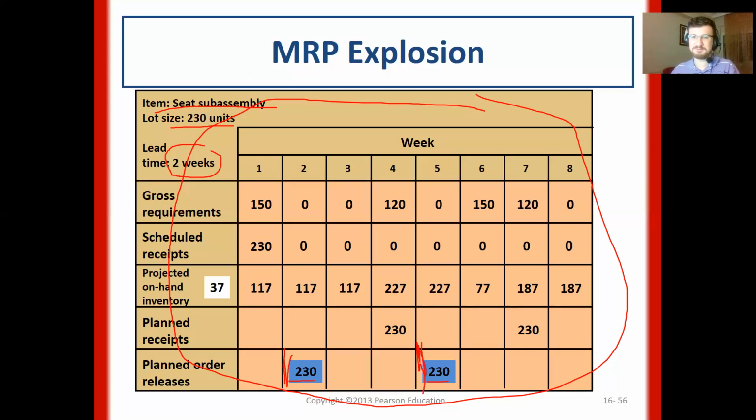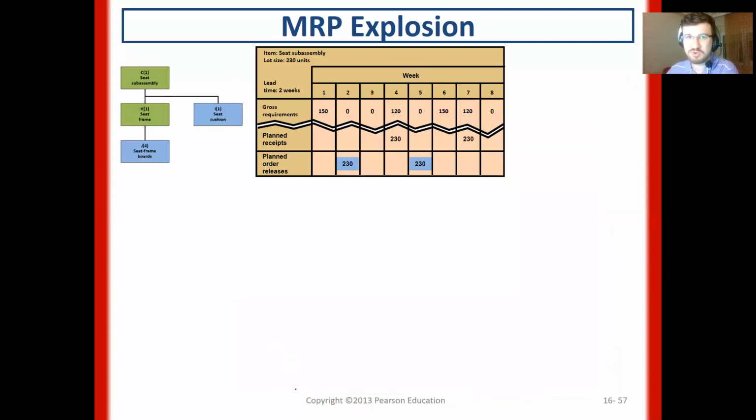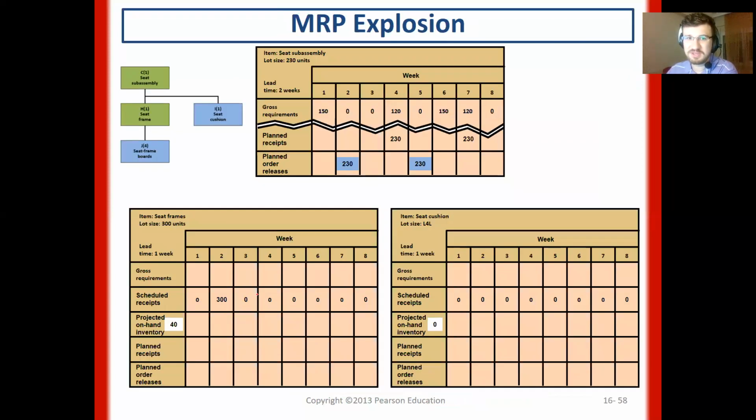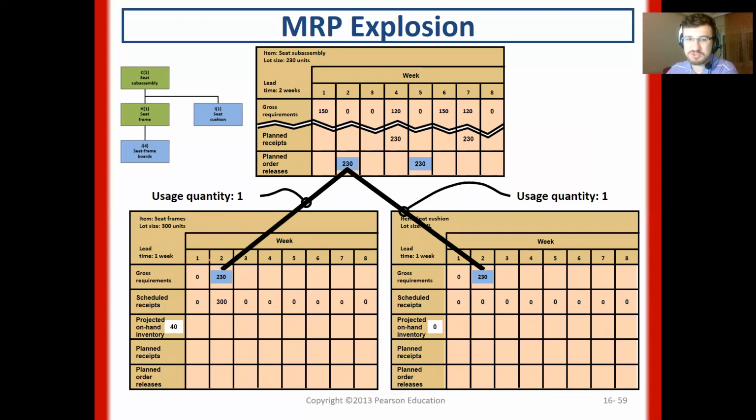So in order to start to assemble 230 seats right here, I need some other components, right? When should these components be available? These components should also be available at the beginning of week 2.